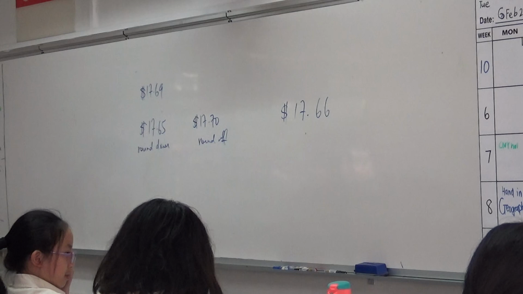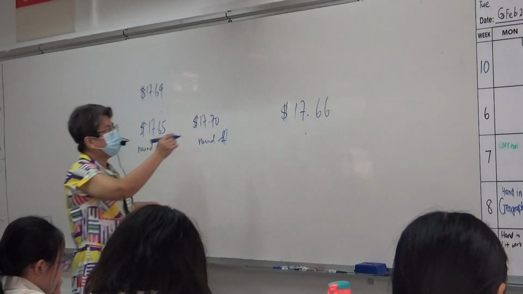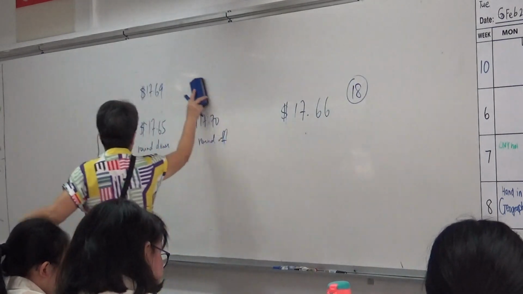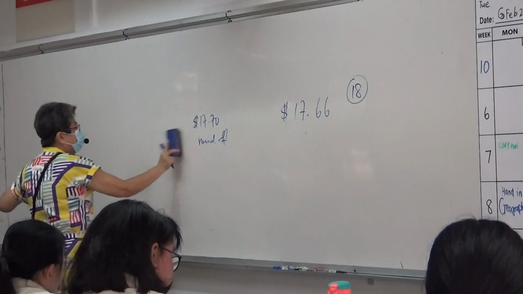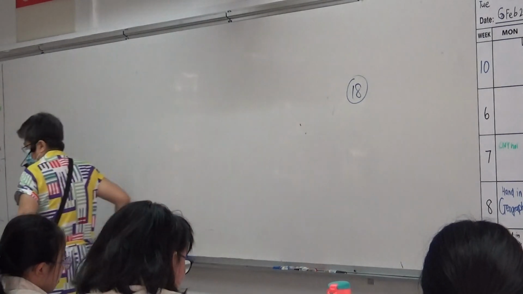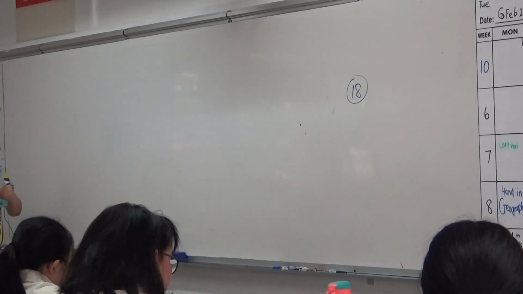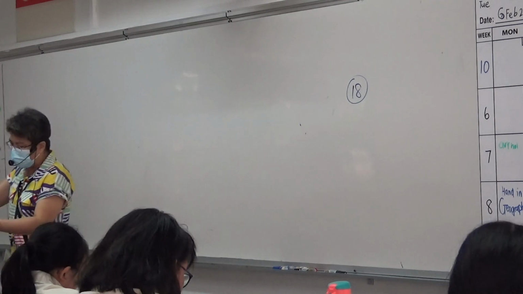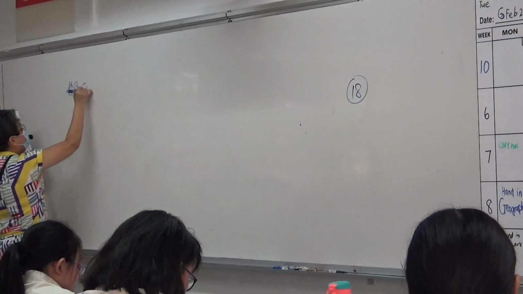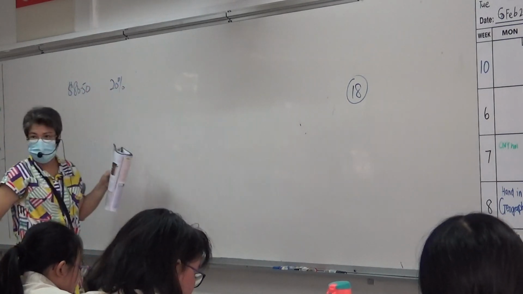Look at question 18, the next page. Question 18. I'm going to talk about this, and I will tell you how to go about doing this. Okay? Shop A sells a pair of shoes for 18.50 before a 20% discount.